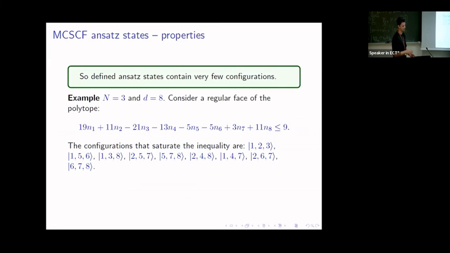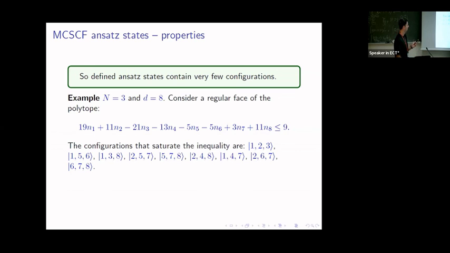In other words, if we know that the natural occupation numbers of our state saturate this inequality, then our state is just spanned by these configurations. That's like a mathematical statement.